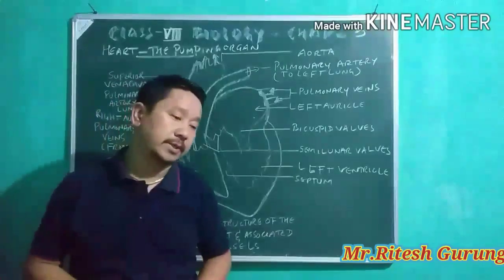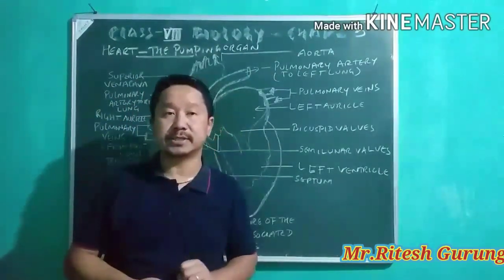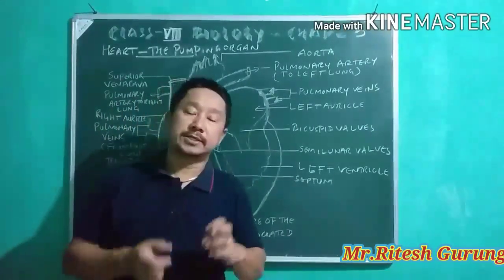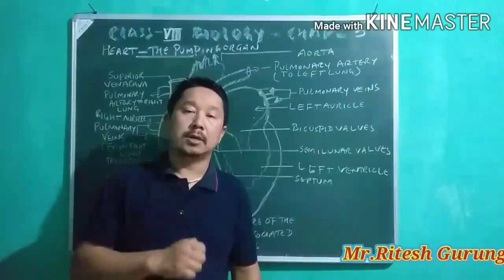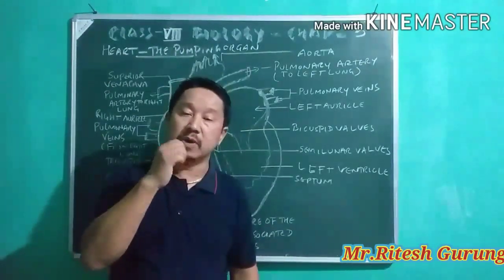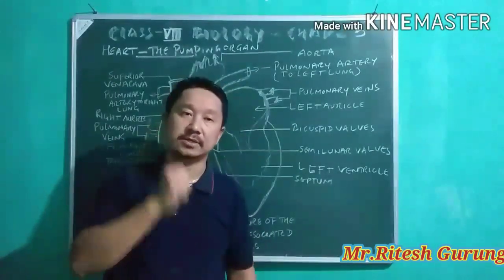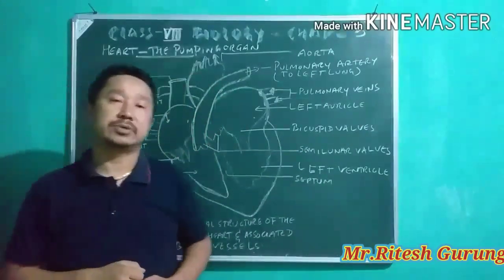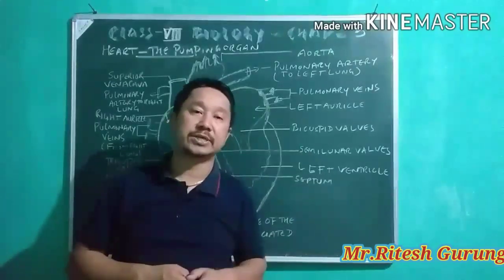The human heart is a very important organ that you find in the circulatory system. Its size is as big as one's folded fist, and it weighs about 225 gram to 340 gram.